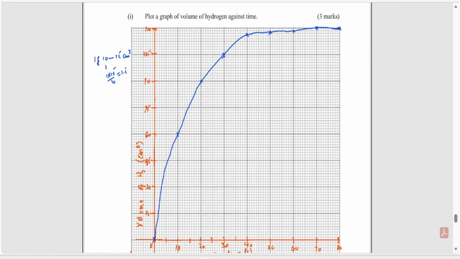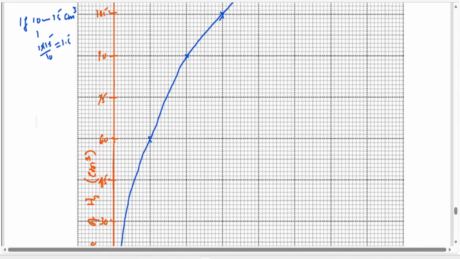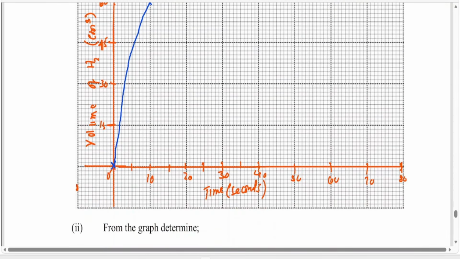It's not the most appropriate. For your case, make sure you begin your scale from this point. Let your y-axis start from this point so that your scale fits well as you draw this particular graph.